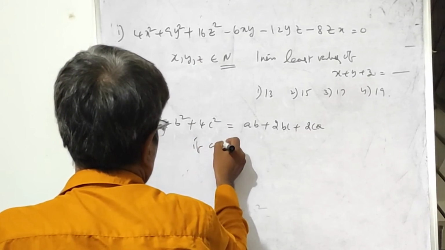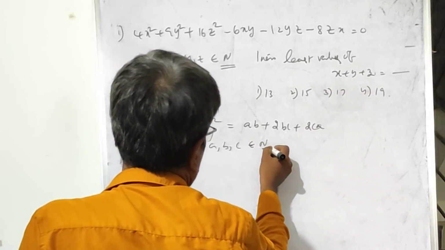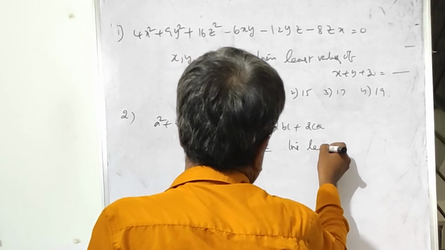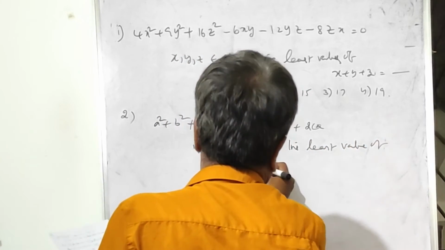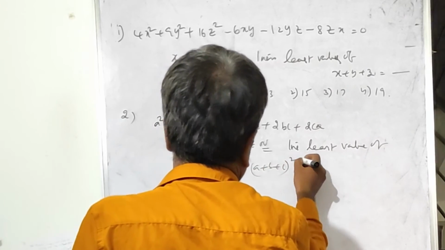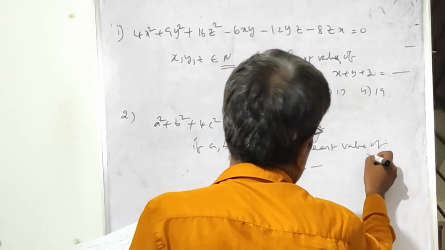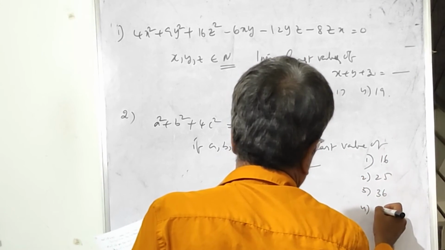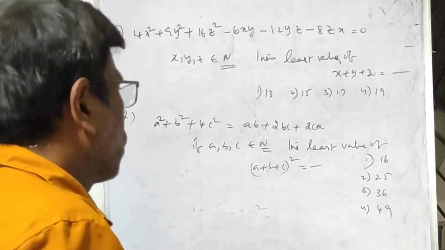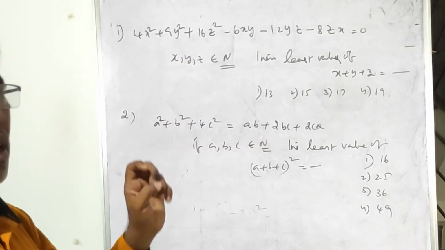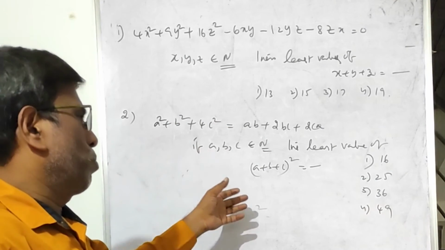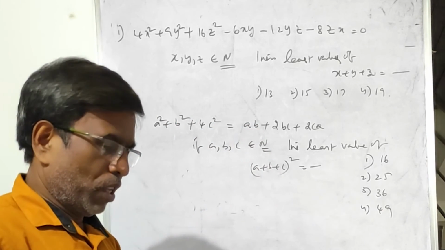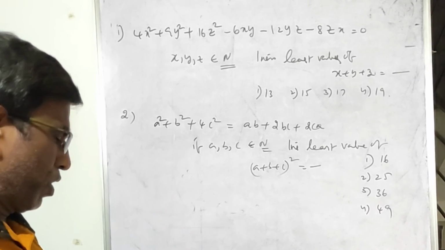If a, b, c belong to natural numbers, the least value of (a plus b plus c) whole square equals how much? The options are 16, 25, 36 and 49. Try to practice the two questions, then you can understand the concept. Take the pen and paper and solve, then you will get ideas about it. If you want, in the next video I will give the answers for this.